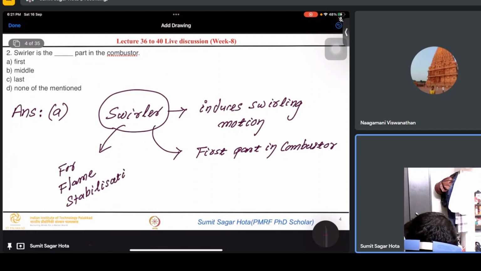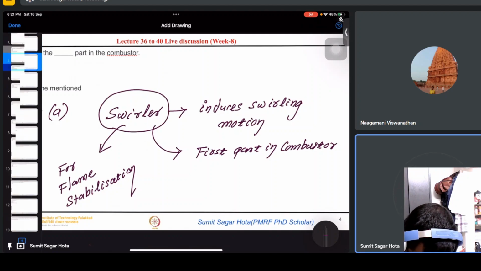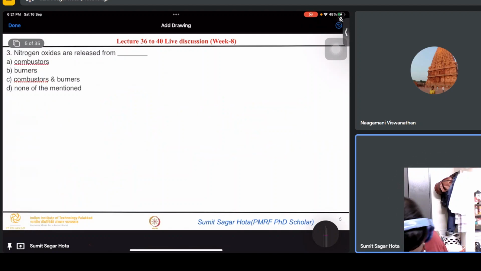Next question: nitrogen oxide is released from dash. This question is given for confusion. You should remember nitrogen oxide is obviously released from the combustor, everybody knows.